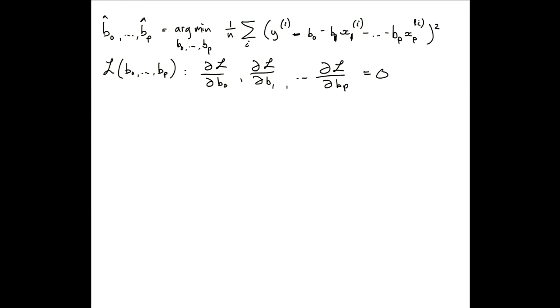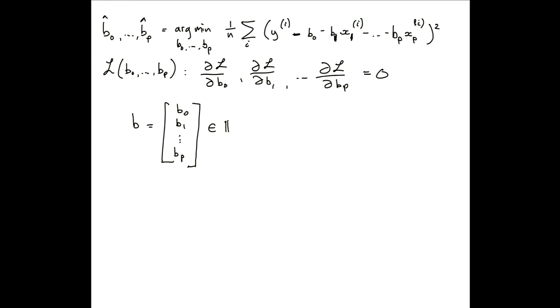So the solution would be the B vector. Well, what we need is this. So this would be the solution. Now this is going to be a vector B0, B1 up to BP. It's a vector, but we'll say it's also a matrix because it's a one column matrix.